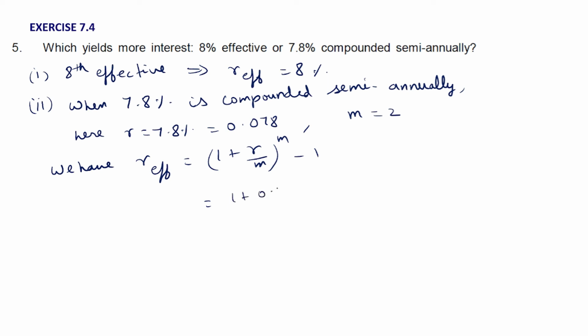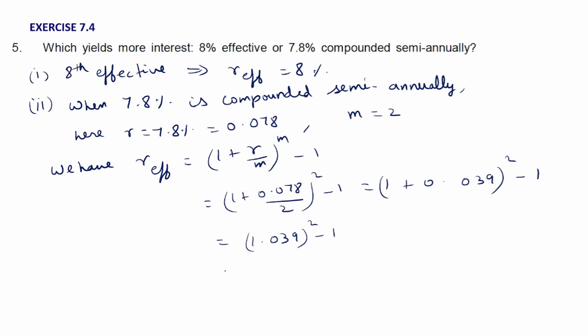So it is 1 plus 0.078 upon 2 the whole square minus 1. So it is 1 plus 0.039 the whole square minus 1. It is 1.039 the whole square minus 1. Now 1.039 the whole square is 1.0795 minus 1. So this is equal to 0.0795 or it is equal to 7.95.